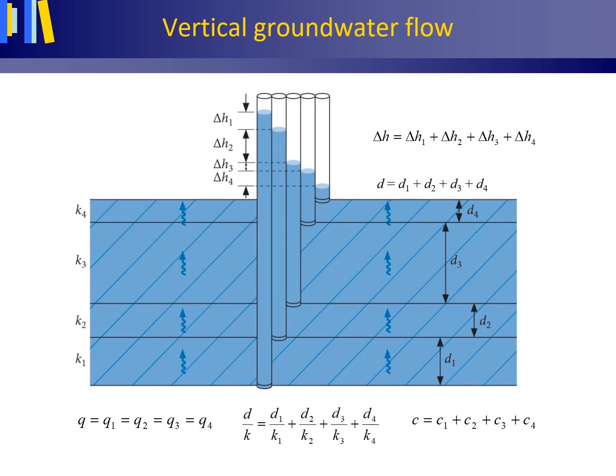For steady vertical groundwater flow through horizontal homogeneous semi-permeable layers, the volume flux densities q of each layer are equal. As a consequence, the hydraulic resistances C of these layers may be added up.